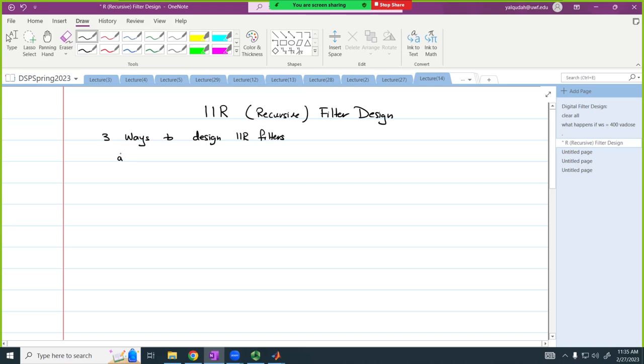The first method is called pole zero placement. This is done directly in the Z domain.